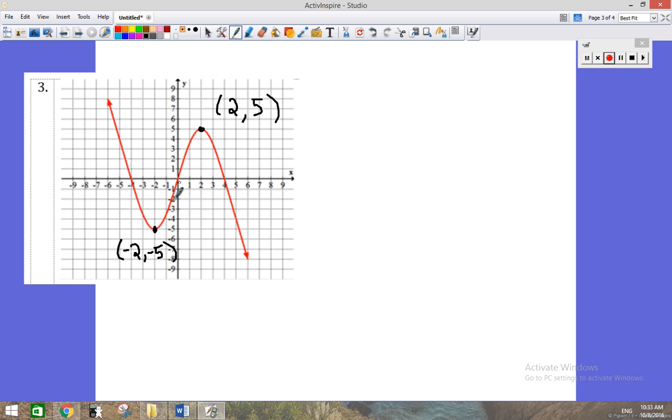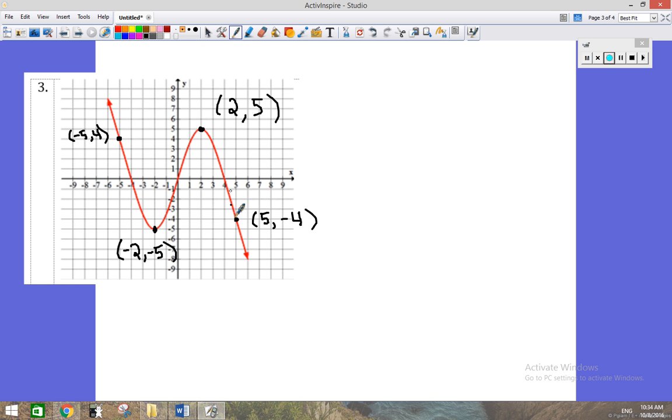Now, we have to be careful. Sometimes there may be points where that's true, but it has to be true for all points. If you pick any point on the graph, now I'm just picking ones where I can easily read the coordinates, it's going to be true even for decimal values, but for 5, negative 4, negative 5, positive 4 has to be on the graph if it's an odd function.